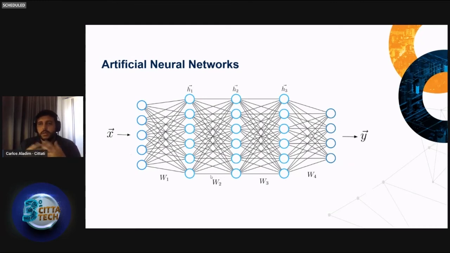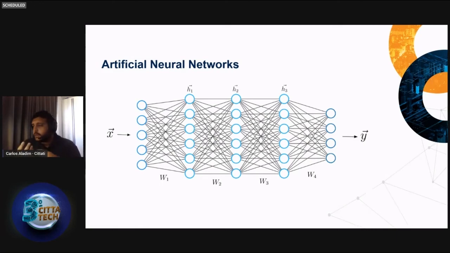In a network, each iteration that it has, we call an epoch. And in each epoch, we will have a forward propagation where the signal will be propagated through the net, and it will give us an output.